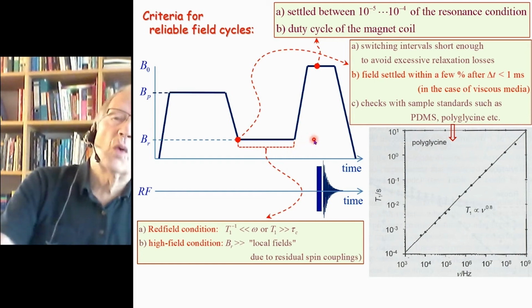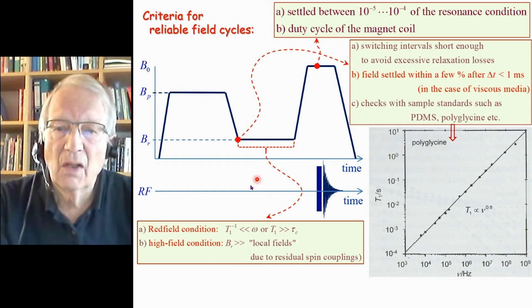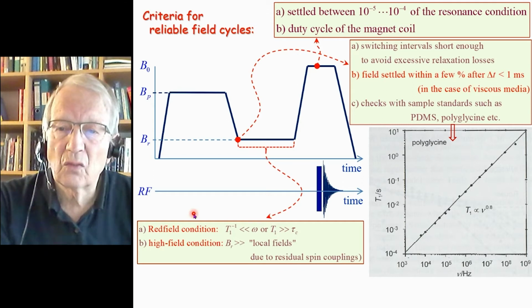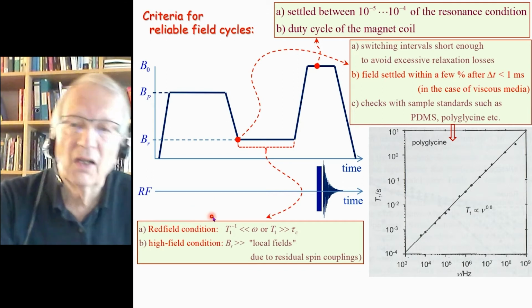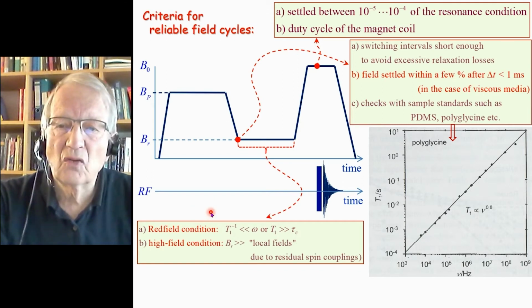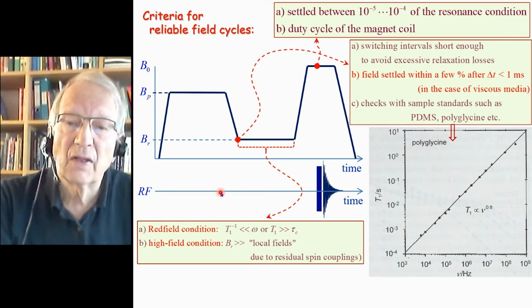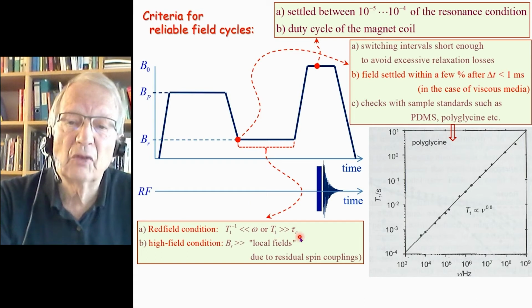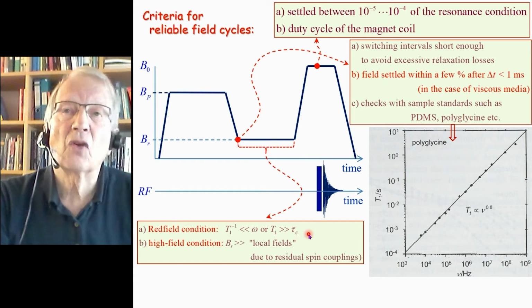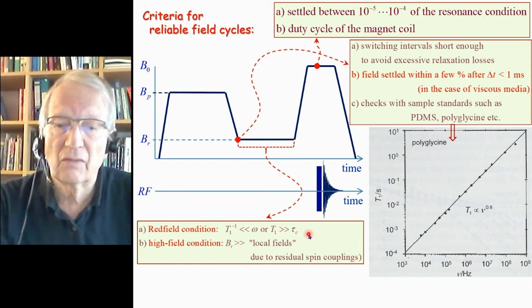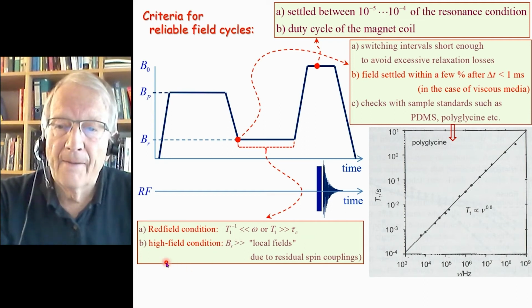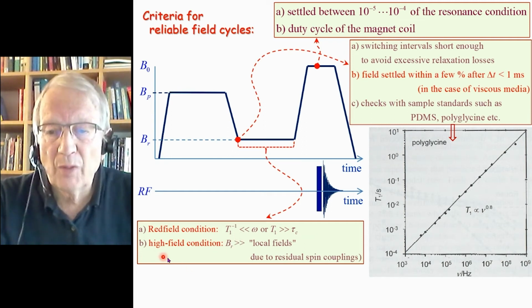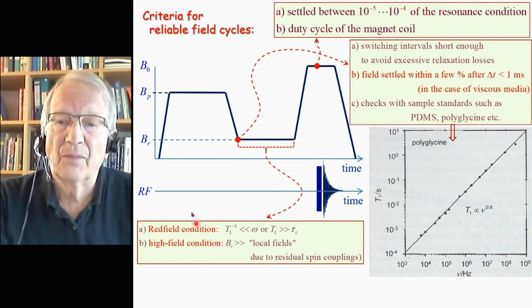Finally, there are some conditions concerning the relaxation field. They are more of a physical nature. The first condition is the so-called red field condition. It just means that the usual relaxation theory is valid only if the spin-lattice relaxation time is much longer than the relevant correlation time of the fluctuations we are looking at. And more important is a high field condition.